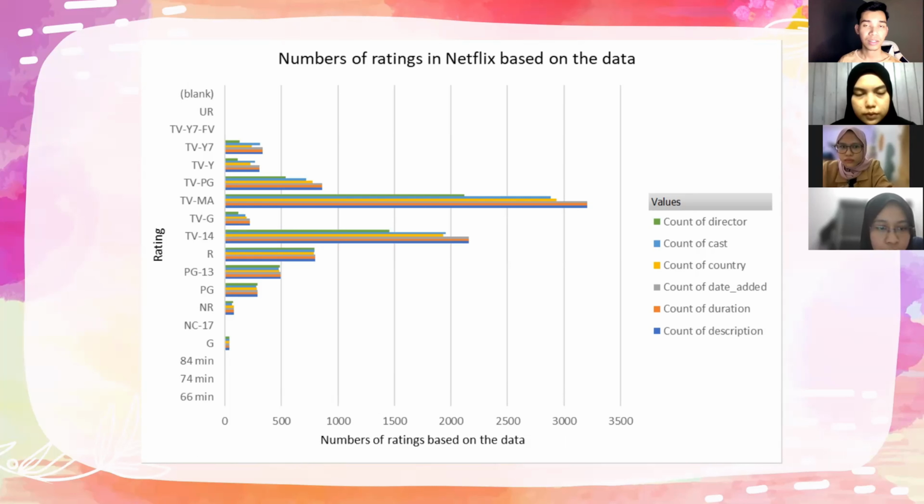Based on count of date added is 8797. Based on count of country is 7976. Based on count of cast is 7982. And lastly, the number of ratings based on count of director is 6173.